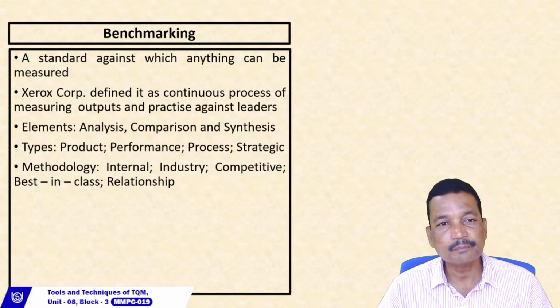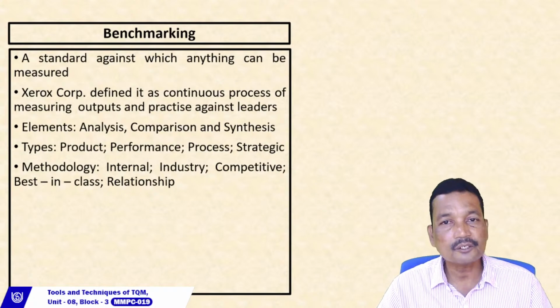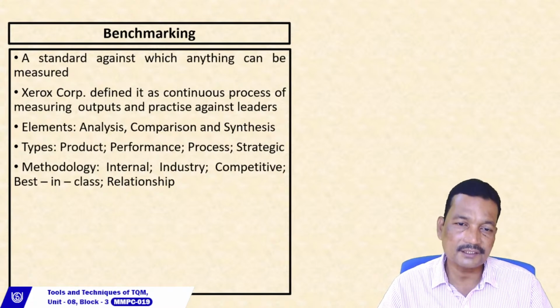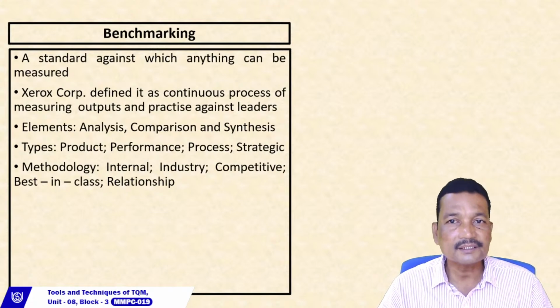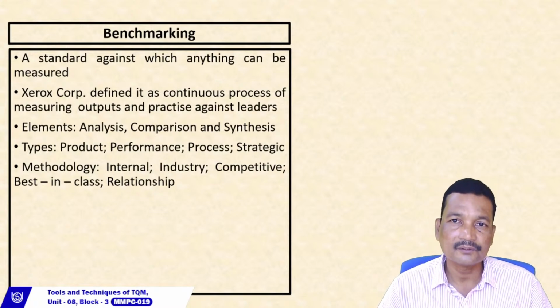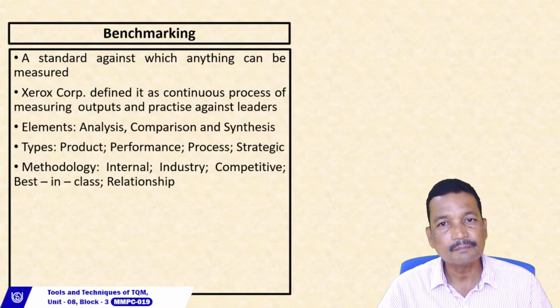Next is the process benchmarking. Now the output or the products have to be created in a conversion system. Now this conversion system can be divided into a number of small subcomponents called processes.